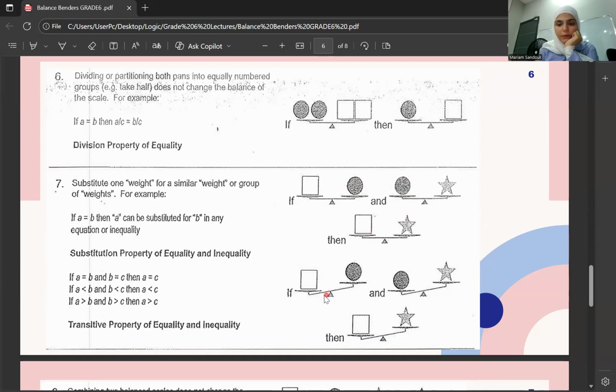And if we have a square which is heavier than the circle and a circle which is heavier than the star, then we can say directly that the square is heavier than the star.